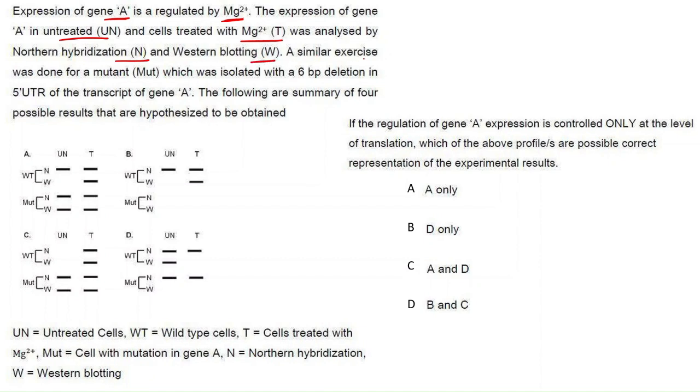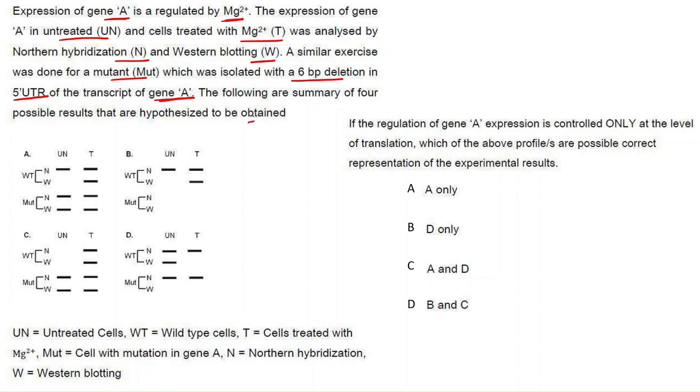A similar exercise was done for a mutant which was isolated with a 6 base pair deletion in the 5' UTR of the transcript of gene A. The following is a summary of 4 possible results that are hypothesized to be obtained.